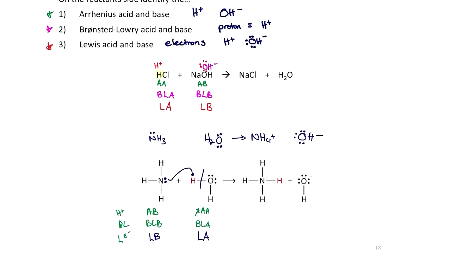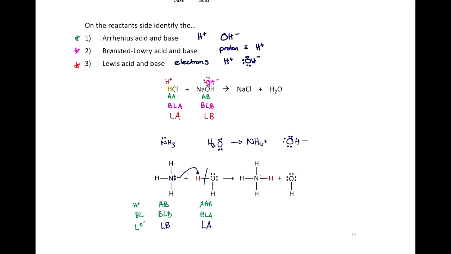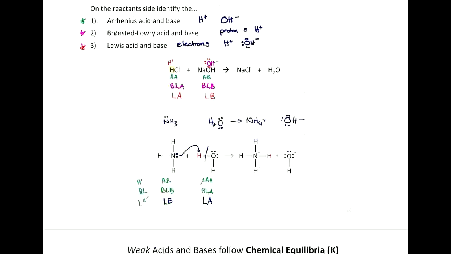That's similar to what you would expect on an exam, where we give you a chemical reaction and you have to apply the concepts of Bronsted-Lowry acid-base theory, how H+ is moving, or Lewis acid-base theory, how electrons are moving. But again, you'll probably get the same answer of which ones are the acids and which ones are the bases. We just think about them differently.